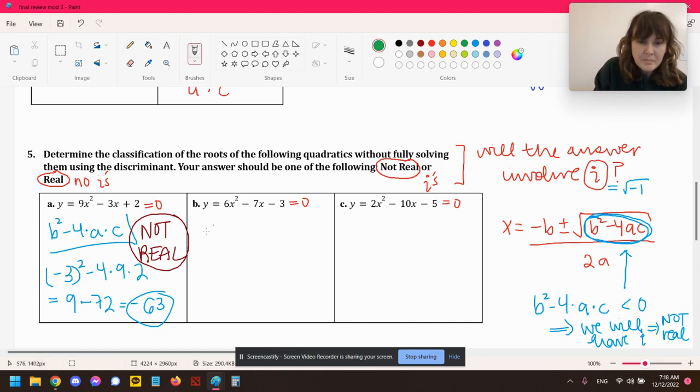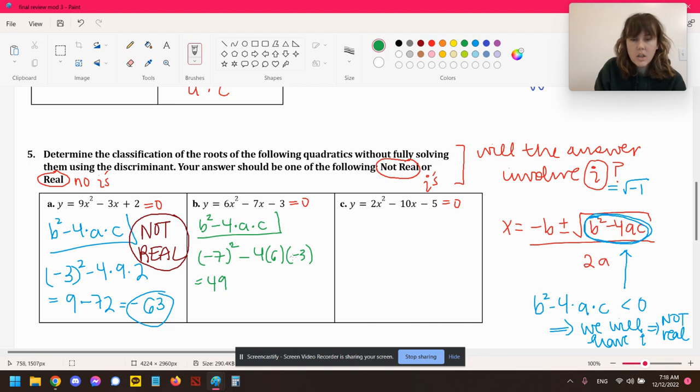Let's try again. If I'm looking at b squared minus 4ac, I'm looking at negative 7 squared minus 4 times 6 times negative 3. Negative 7 squared is 49. Negative 4 times negative 3 is positive 12. Positive 12 times 6 is positive 72.